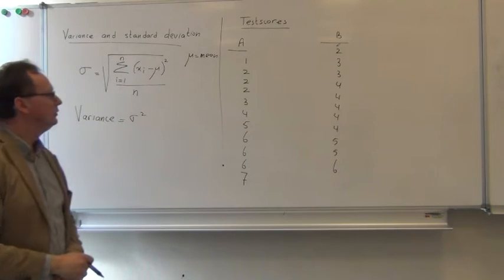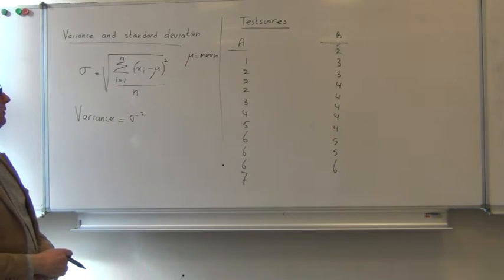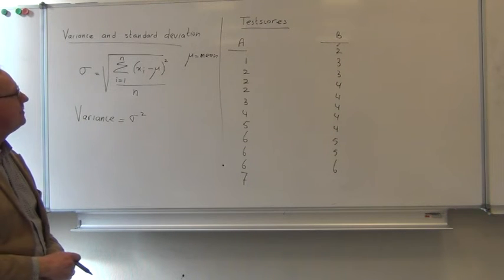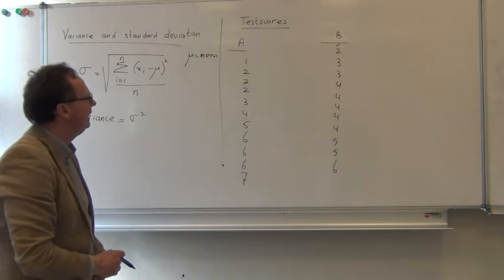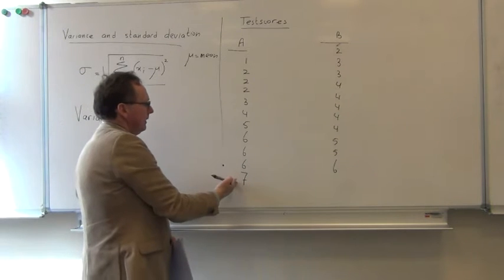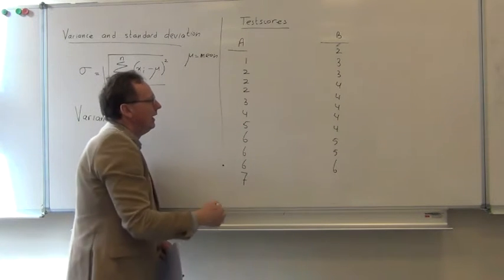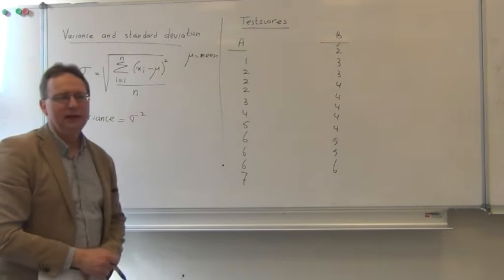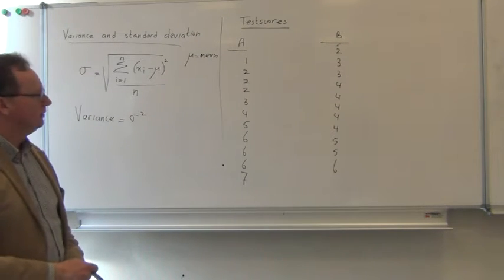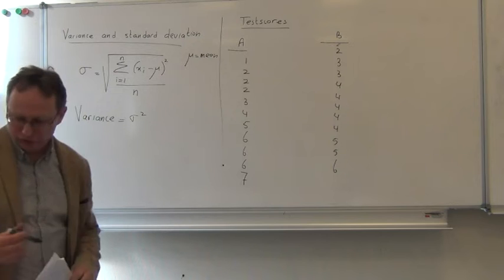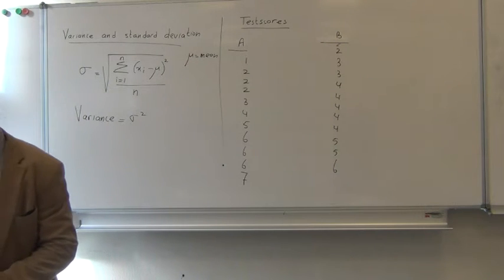Well, if you just look at the data, you may get an idea what's going on here. You can try to find the mean of A, you can just add them all up and divide by 11. I think the total is 44. You can do the same for B, and it turns out they both have mean 4. Of course, another way to look at it is considering there is some symmetry there.